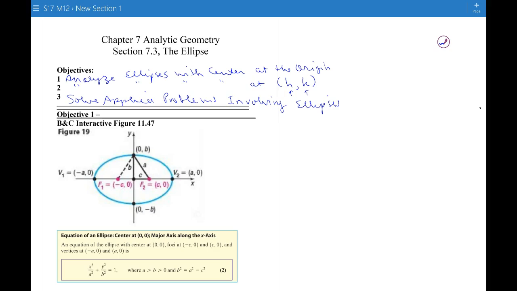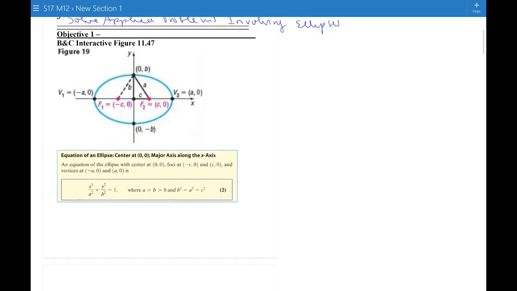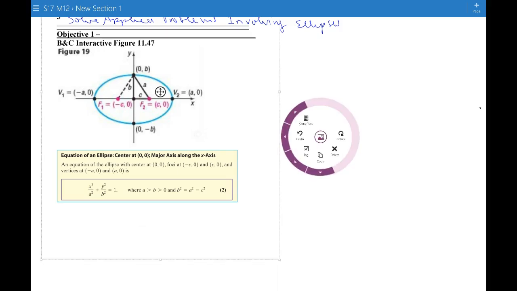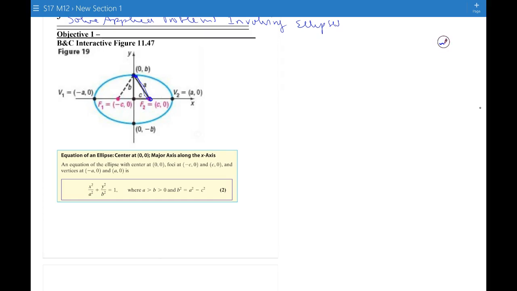So I'm going to show you another interactive figure talking about how an ellipse is created. Every point on an ellipse, if I measure from the focus to the point on the ellipse, and from that point on the ellipse to the other focus, and add these two distances together, they stay constant all the way around the whole ellipse.